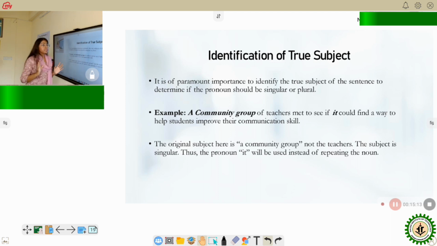What is the subject, what is the noun? The subject is a community group of teachers, not teachers. So the noun is a community group. It will be replaced with it, not they, because the subject noun is not teachers. It is a community group. So the pronoun it will replace the community group of teachers.